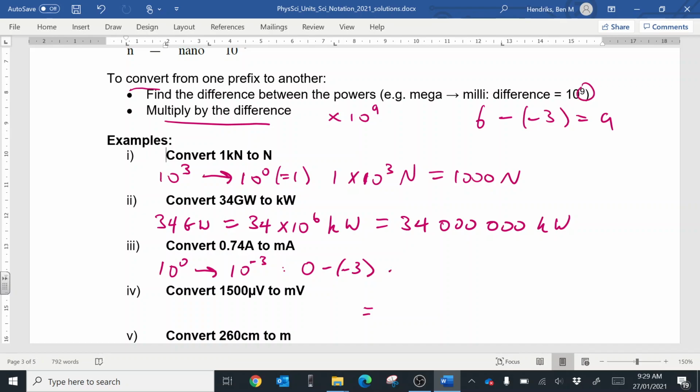So therefore, the difference is 10 to the 3. Okay, so that means that 0.74 amps equals 0.74 times 10 to the 3 milliamps, which is equal to, if we move our decimal place 3 spots, 1, 2, 3, it's going to be 740 milliamps. Okay, and you can also do that in your calculator as well.